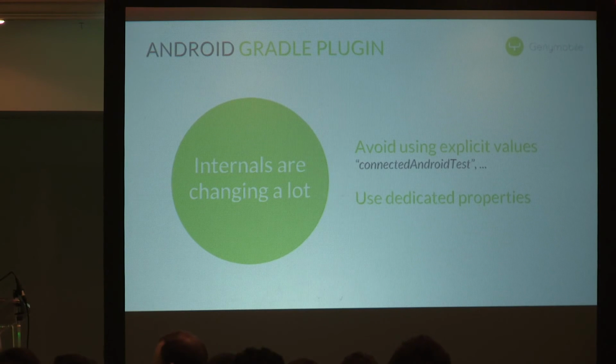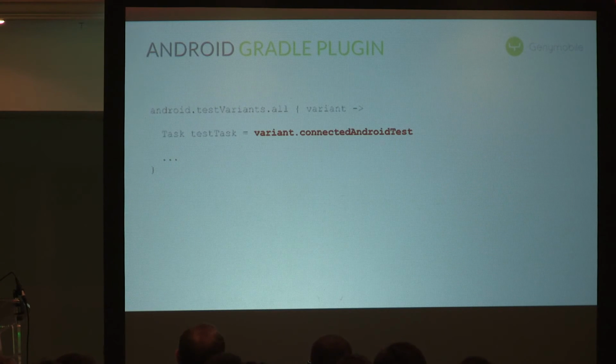Basically, the first time I developed that, I used this value, and that was a big mistake. We'll see that together. Instead of using this magic string, use the dedicated properties that you will find in the variant value that you get. So here is what we do, basically.